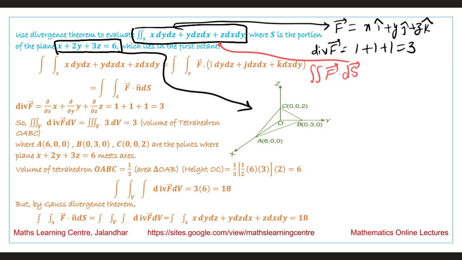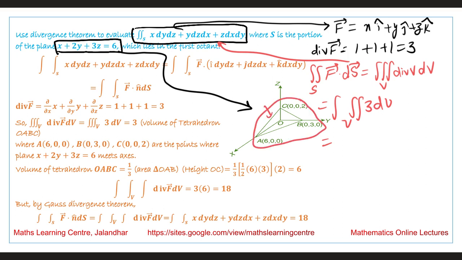So if we have to calculate the value of the double integral f vector dot ds vector, where ds vector is basically dy dz, dz dx, dx dy, the value is equal to the triple integral over V of divergence of f into dv. So this value is equal to the triple integral of 3 times dv over V. Now we are talking about the volume bounded by this figure.